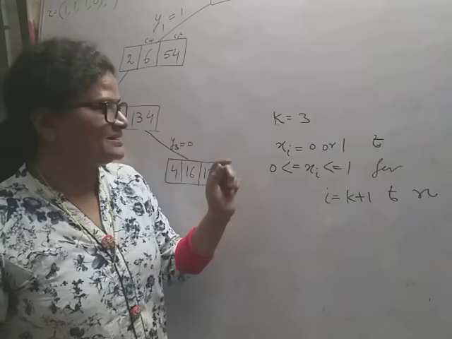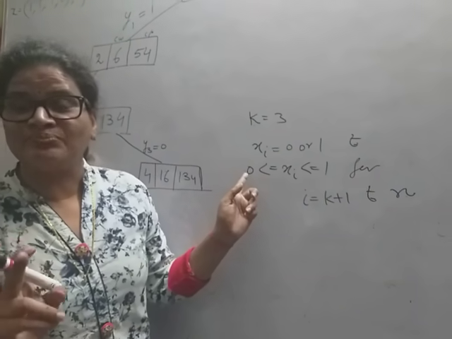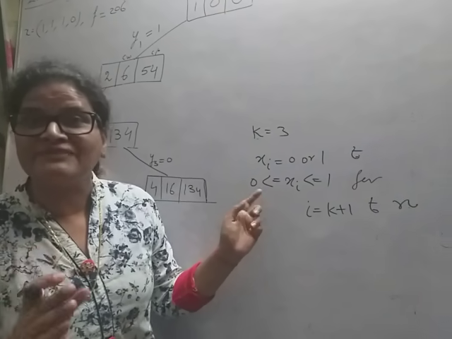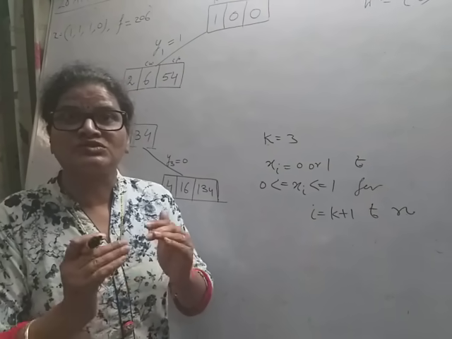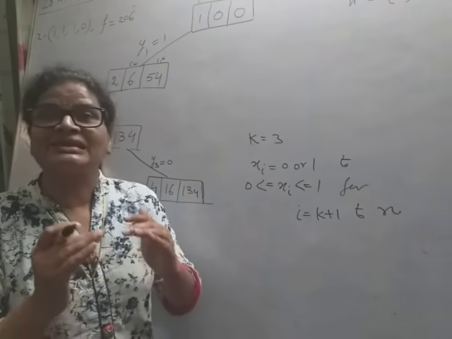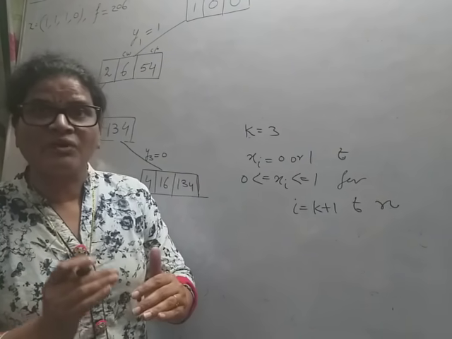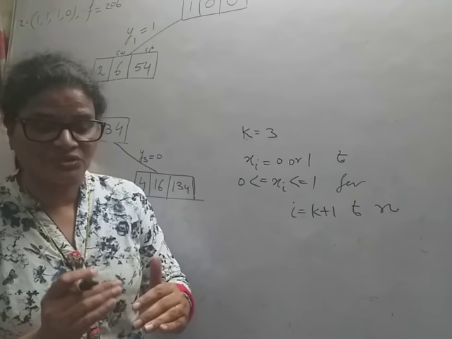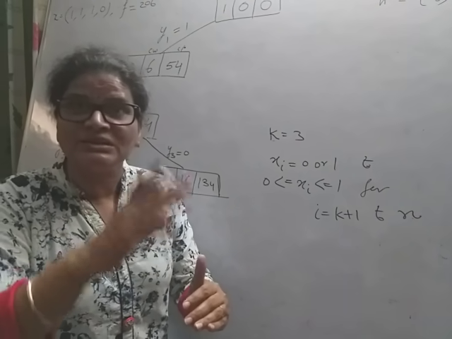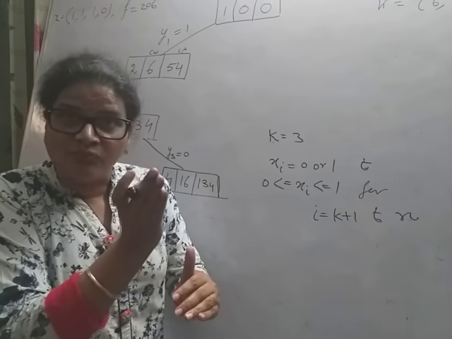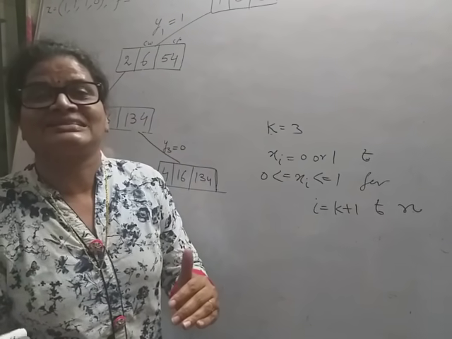Listen, this is the condition of the bounding function for the right branch when I am excluding the kth object. If you are excluding the kth object, some bound is required to decide whether to move in the right direction or not.